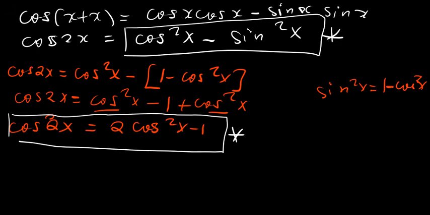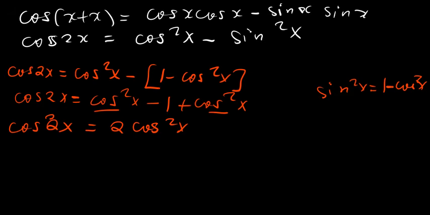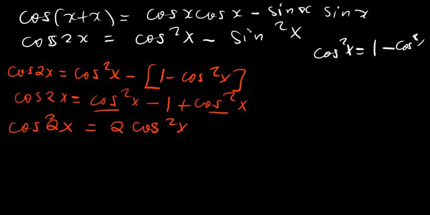It's making sense, not so? Another one, from here, I know that cos squared x can be replaced by 1 minus sine squared x.